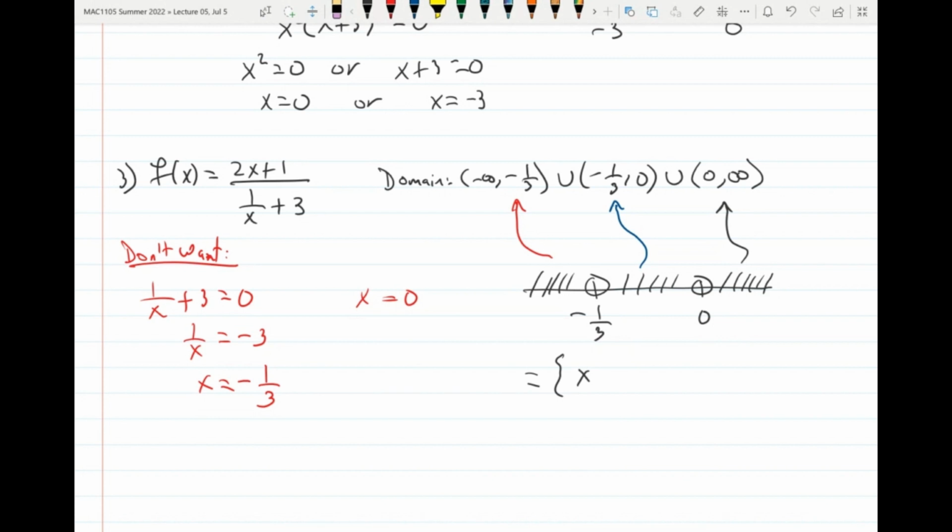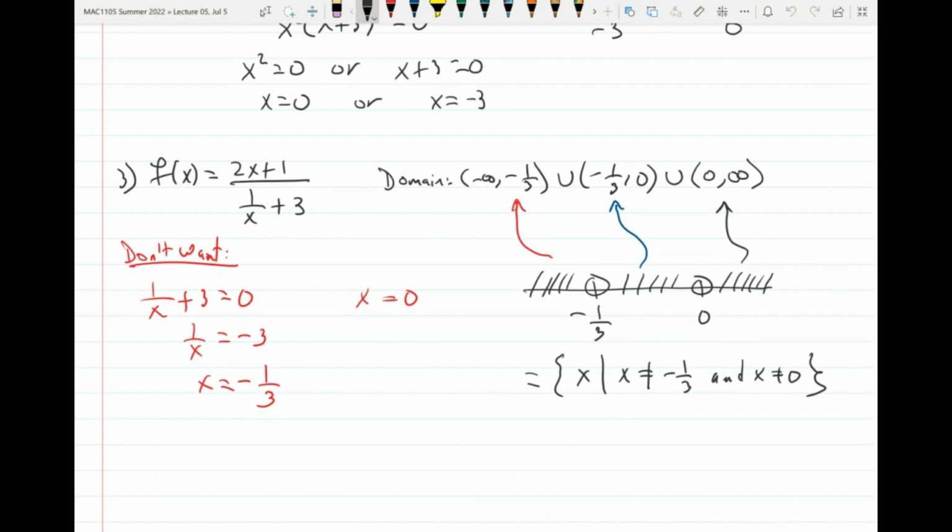Sometimes we just write: all real numbers x such that x is different than negative 1/3 and different than 0. That would be another way of writing this. This is called set-builder notation. This line here reads as "such that." So we're saying all real numbers such that x is different than negative 1/3 and different than 0. So it's everything except those two.